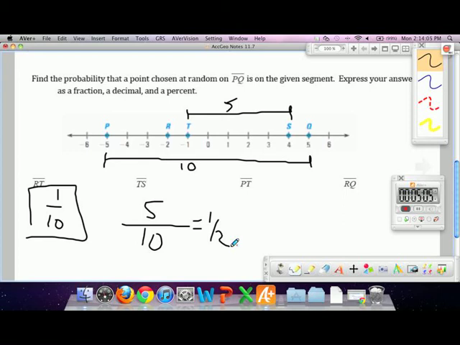Let's continue the idea. On your own, quickly jot down the probability of landing on PT and the probability of landing on RQ. PT has a length, from P to T, of 1, 2, 3, 4.